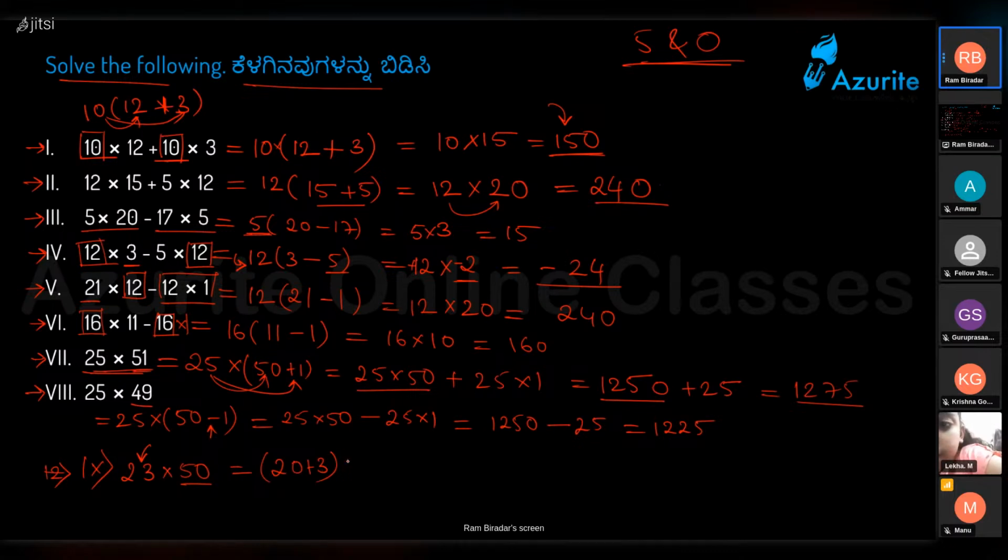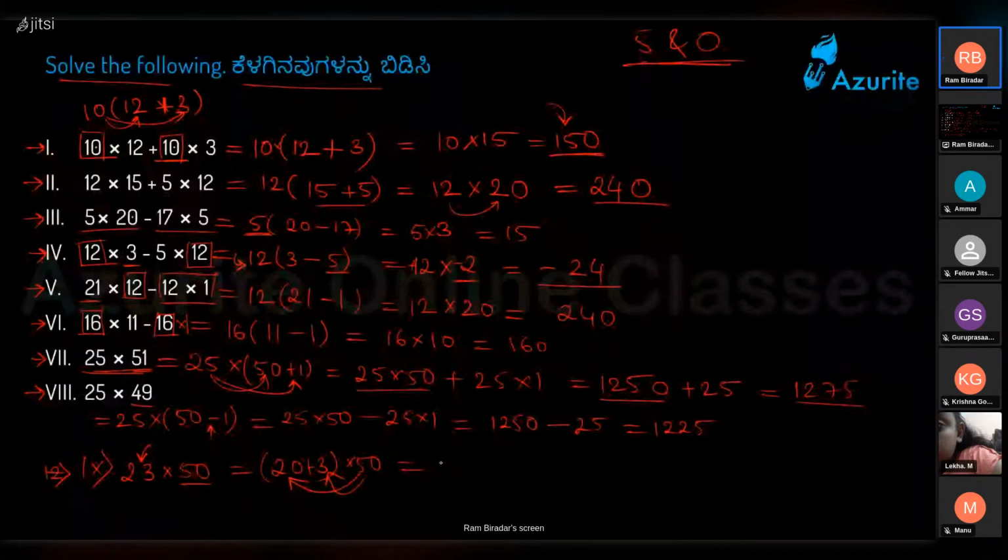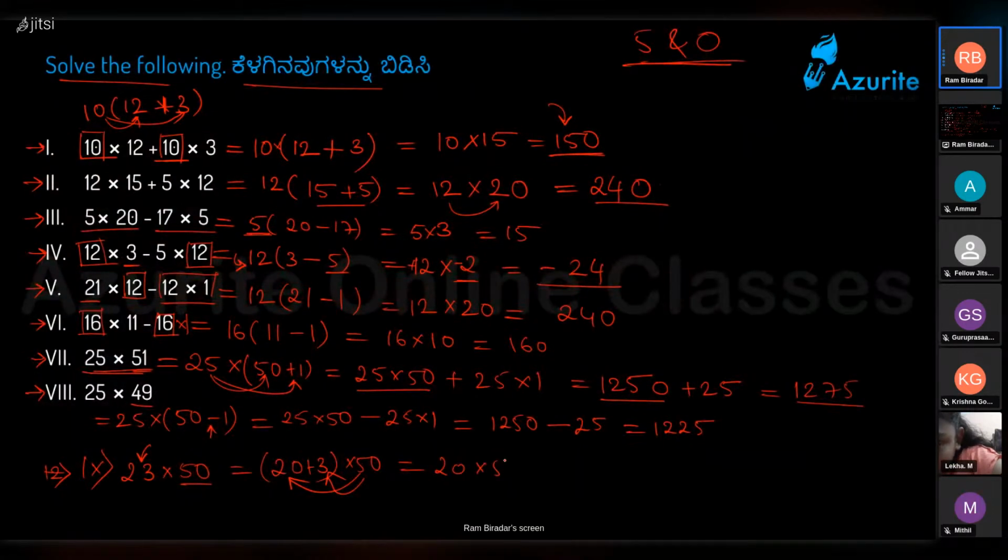So 23 into 50. Now distribute it inside. So what we have to do? Multiply 20 with 50 and then multiply 3 with 50. So 20 into 50 plus 3 into 50.